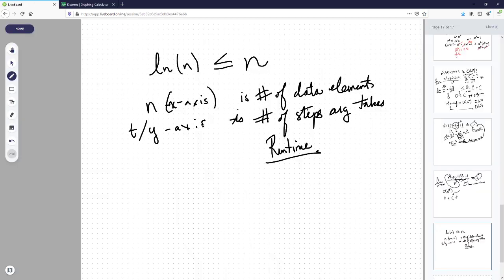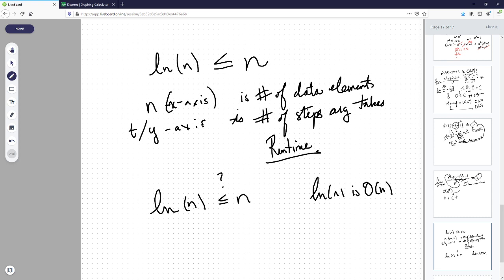Okay, so let's prove. How should we prove that the natural log of n is less than or equal to n? So basically what I'm trying to say is that the natural log of n is big O of n, but really I'm saying something even more specific.